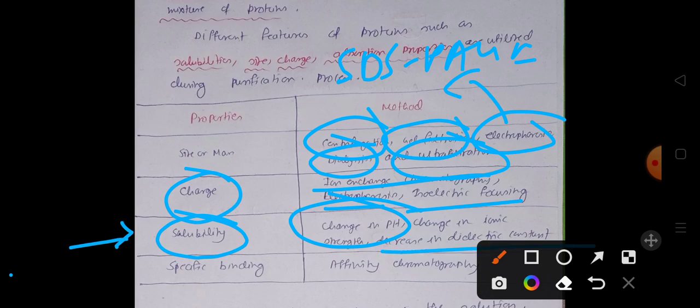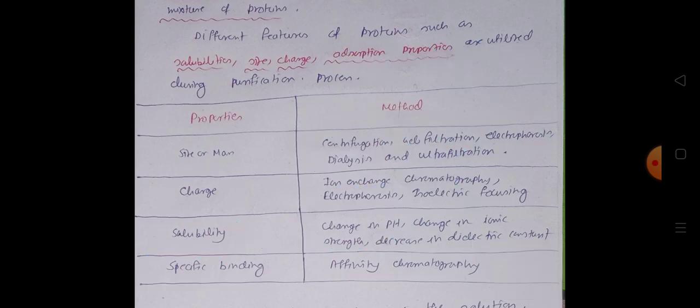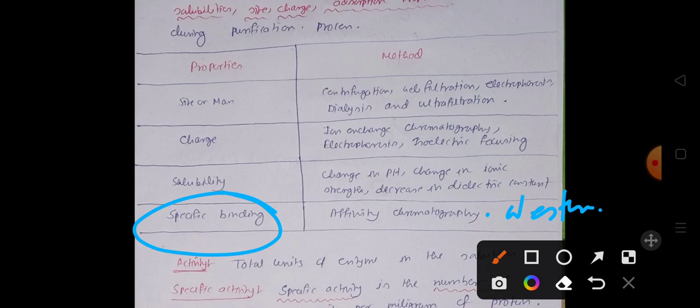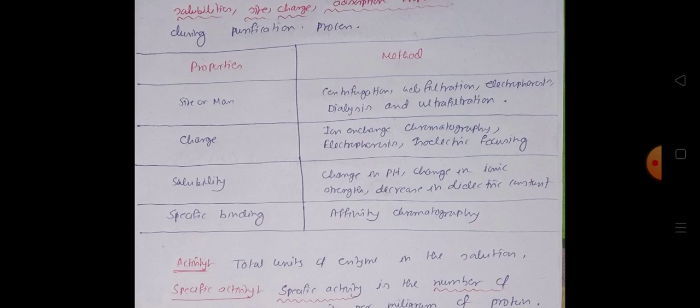And if we want to specifically find our protein of interest, we can perform affinity chromatography. Here I want to add another process that I forgot to write: Western blotting. Western blotting also finds the protein of interest from a mixture of proteins.